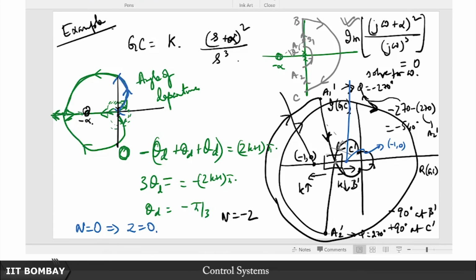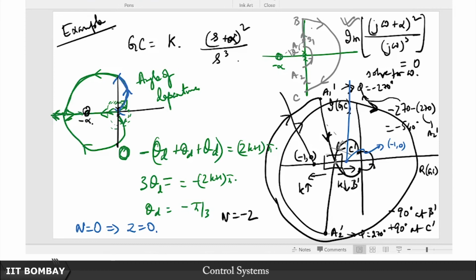So this is exactly consistent with our understanding of the closed loop stability as we saw in terms of root locus. Only thing is you have to be careful about what these angles are, and how to plot these segments.